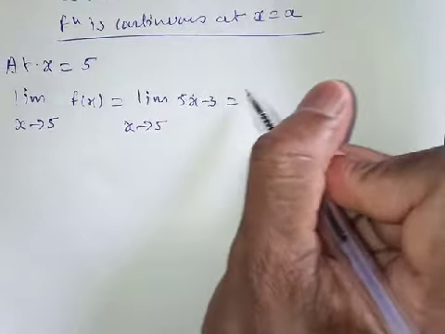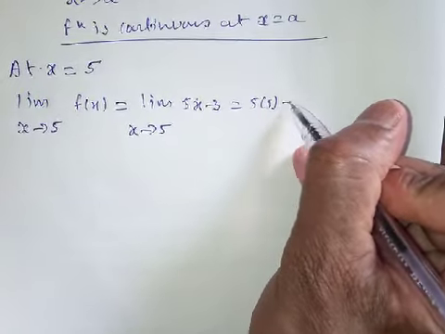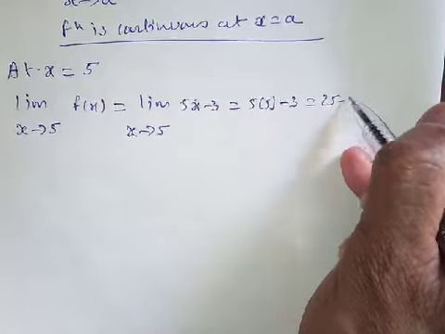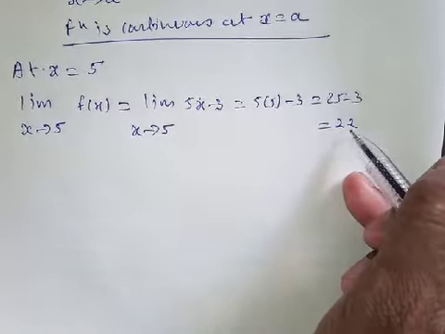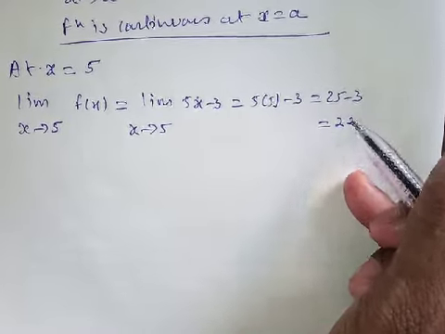Substitute here. So what do you get? 5 into 5 is 25, 25 minus 3 is 22. Which is equal to f of 5. We can check it.